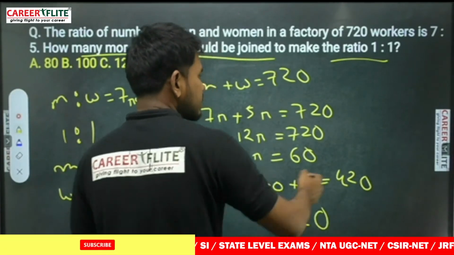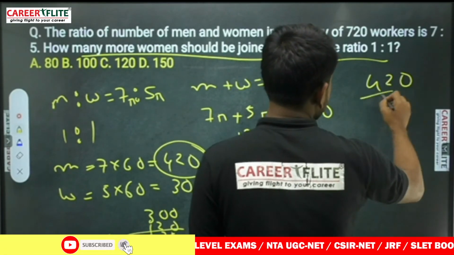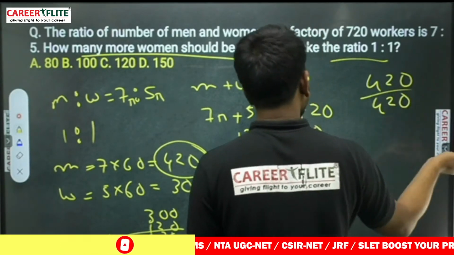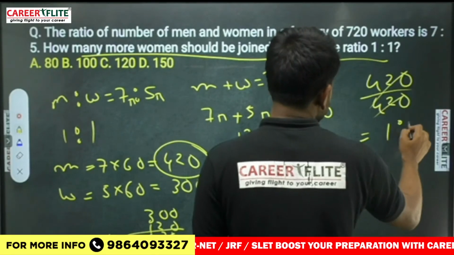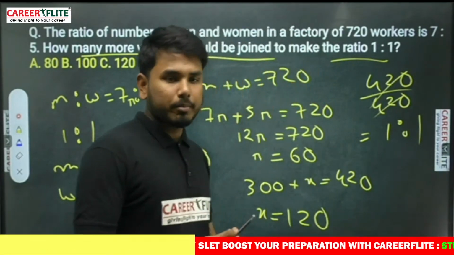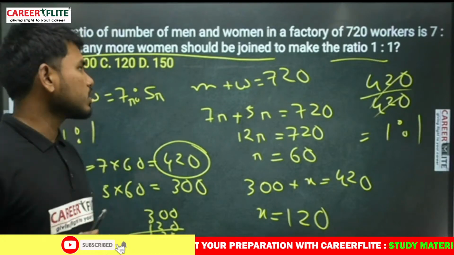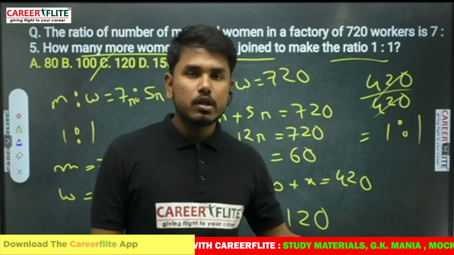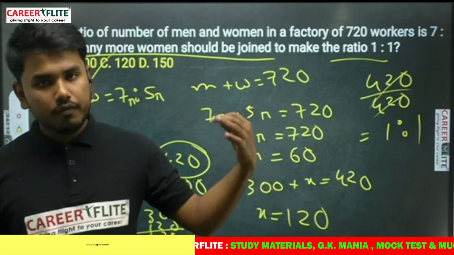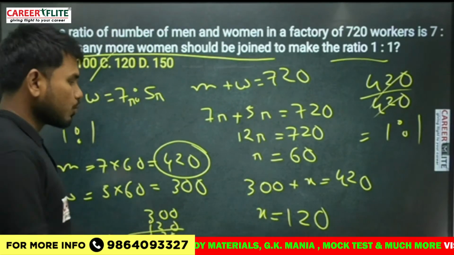So if we take the ratio men by women, men are 420 already. Now 120 women again joined. So this will give us 1 by 1, that is 1 is to 1. So how many women we need? We need 120 more women, so that the ratio of men and women afterwards will be 1 is to 1.